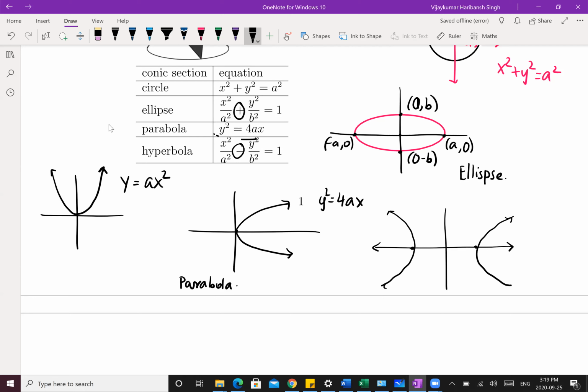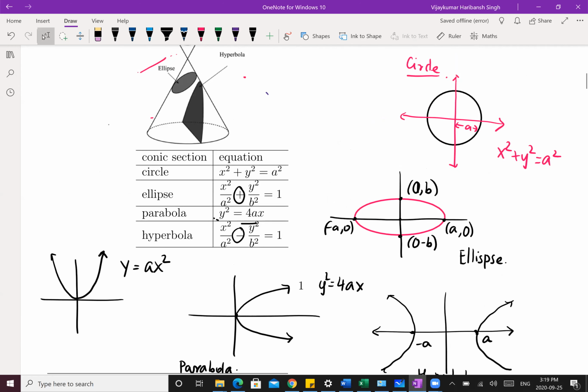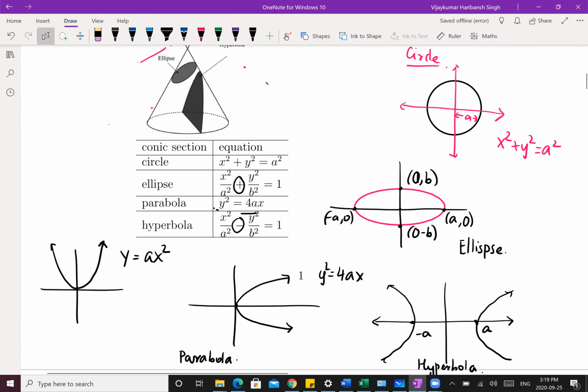This point corresponds to minus a, this point corresponds to a. So this is a hyperbola. Of course, this is not a complete discussion on conic sections. We can dedicate more time in class. However, these are the conic sections.